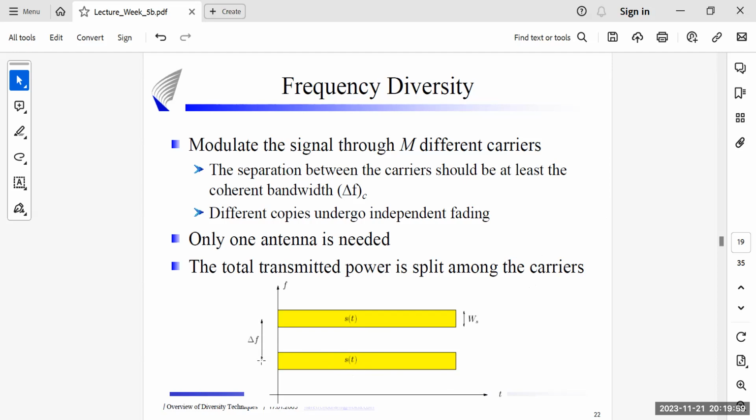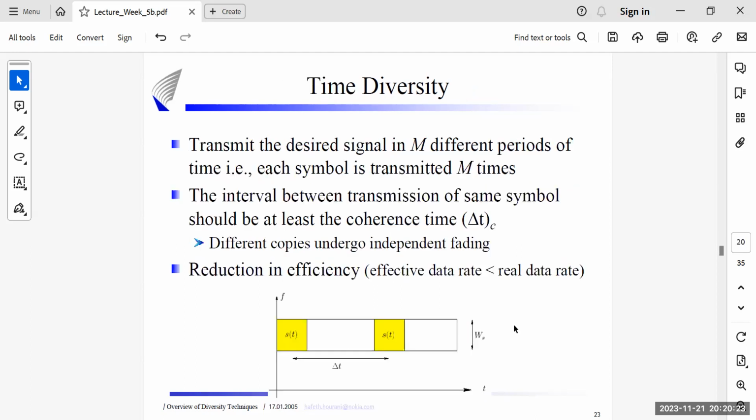The difference between the two of them in frequency is del f. If the difference is not more than del f, it is quite possible that if the upper signal is going into the fade, this one is also going into the fade at the same time. So you need to have a difference of more than the coherence bandwidth.